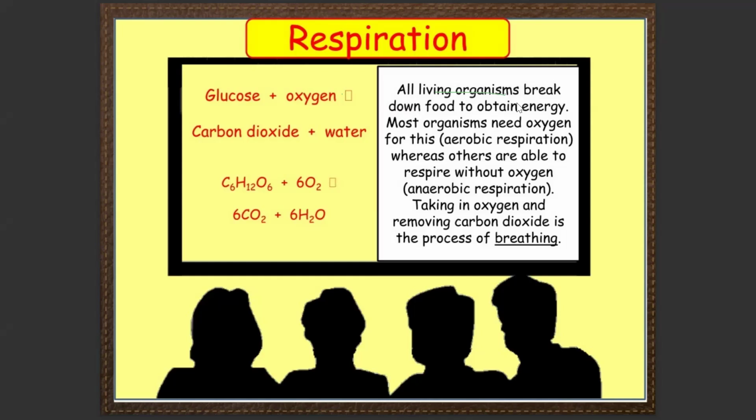Firstly, they have mentioned all living organisms break down food to obtain energy. Most organisms need oxygen for this. Whenever we are eating something, let's say you have taken a carbohydrate, you have intake of the carbohydrate. But that carbohydrate, that glucose molecule, cannot give you direct energy. How can you get energy?